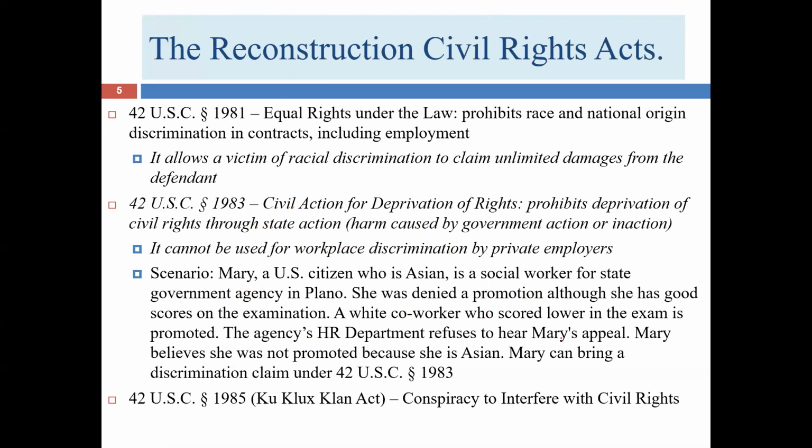Mary appeals, but she's not successful. She believes she was denied a promotion because of her race. So therefore, she would be able to bring a discrimination claim under Section 1983. If we change the facts and make her employer, say, a private adoption agency, then instead of suing under Section 1983, she would sue under Section 1981.